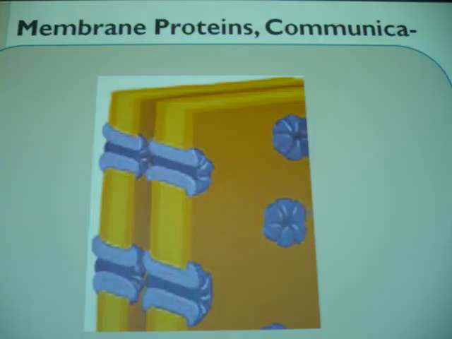Notice how something can pass all the way through both cells. They line up perfectly to pass through not one cell, but both of them. So a molecule actually can move from one cell into another cell by going through these communication proteins.